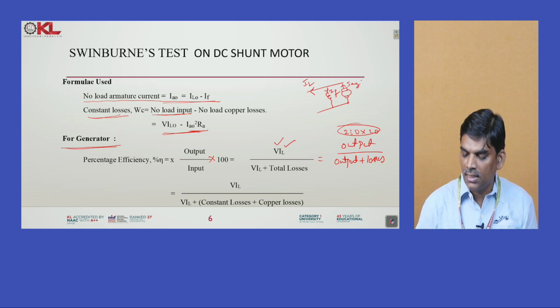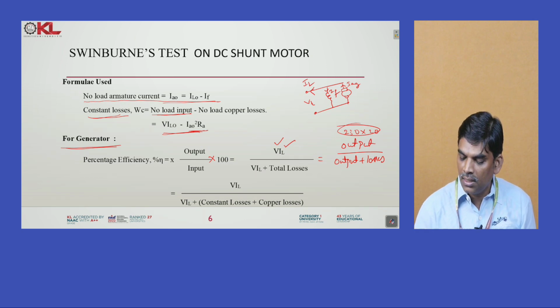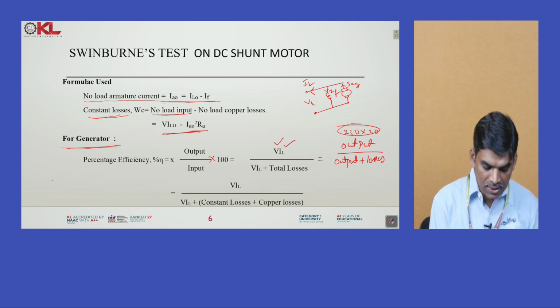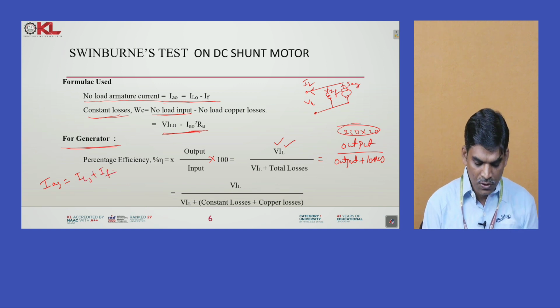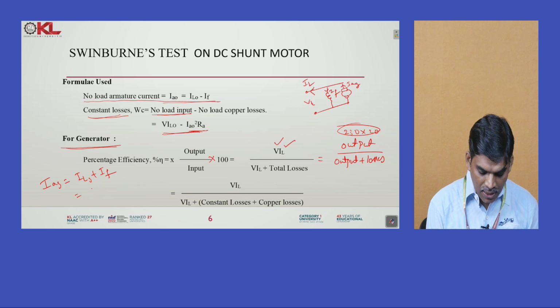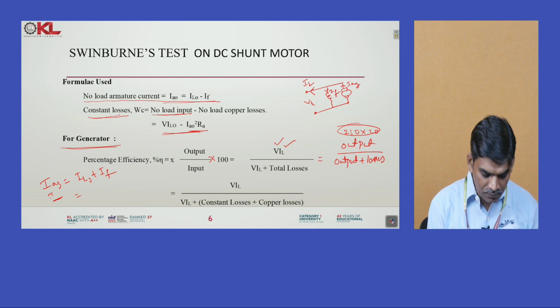Why IAG? Because under generator mode the input is mechanical and the output is electrical, and this is the terminal voltage. VT into IL is the total output, but how to calculate IAG? According to KCL, entering current is equal to leaving currents. So in the generator, IAG is equal to ILG plus IF. Under full load, the full load current is applied and the field current is already known, so just add them to get the IAG value.